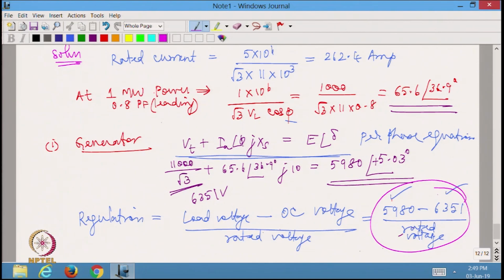You had seen this in transformers as well. So, this is essentially negative voltage regulation. This is because of leading power factor condition. Okay? This is an additional point I just wanted to mention.